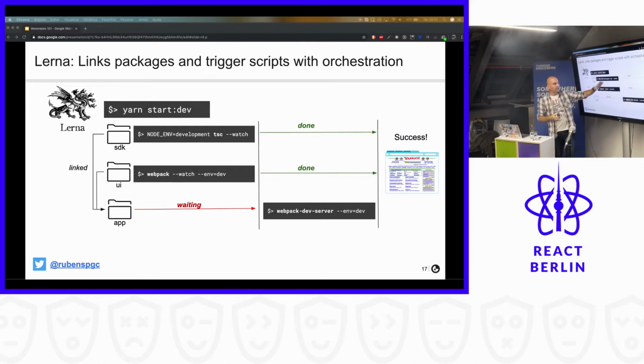Then, if everything succeeds, it finally triggers, in this case, the Webpack dev server for the app, and it's going to run. So you can see it's the very same script, but each of them behaves in a different way, like triggering a different binary.